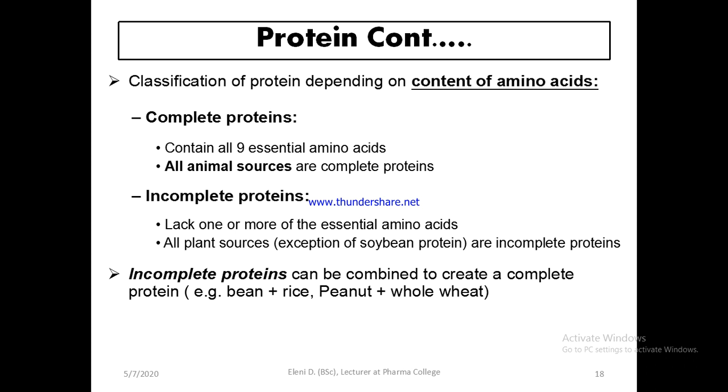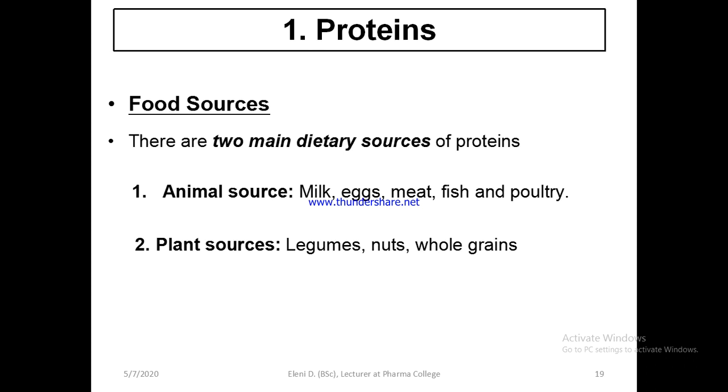All plant sources, with the exception of soybean protein, are incomplete proteins. So to make our protein requirement complete, dietary diversity is important. That means we have to eat different sources of amino acids to have a complete protein.